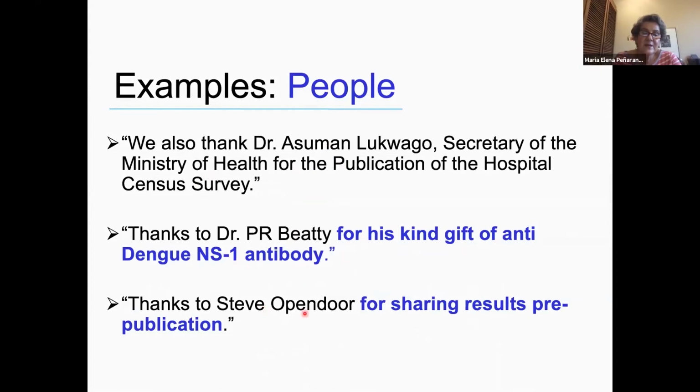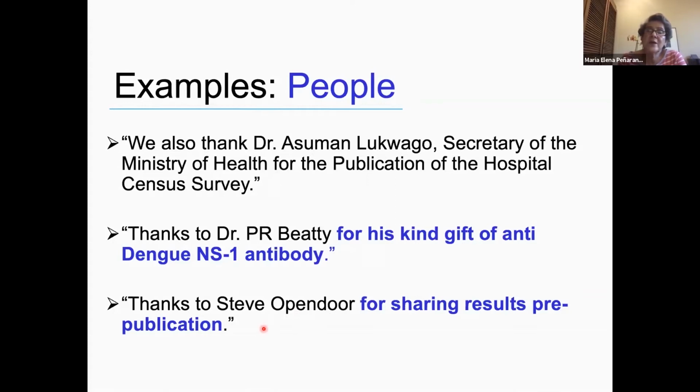We thank Stephen Oppendorf for sharing results from a previous publication. Sometimes they give us unpublished data, when it's compelling and important, and somebody else is doing a similar study and they share some of their results because we're colleagues and we're comparing data, then you thank them for sharing results.